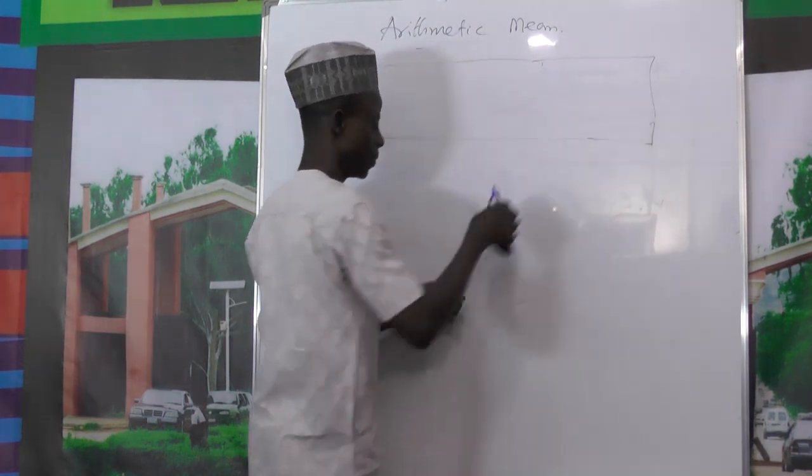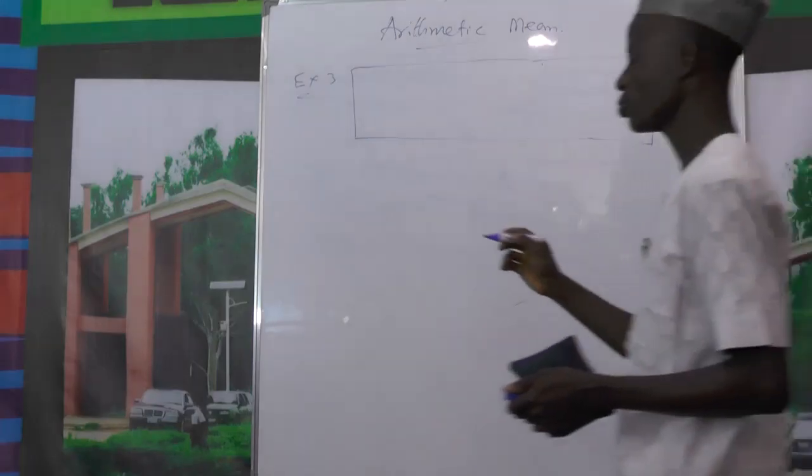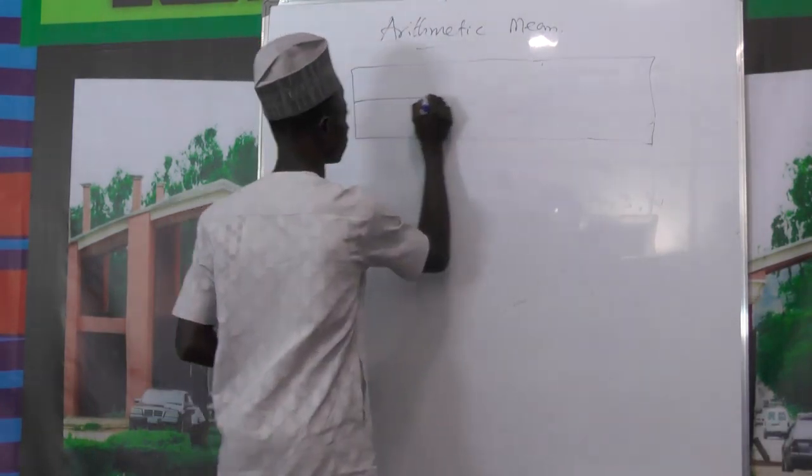In example 3, what they are asking us to do is that the table below shows the 5 employees of a computer company. Then we have monthly wages per thousand and the number of employees. The monthly wages represent our x, then the number of employees will represent our frequency. So in this, we are having it in this form.